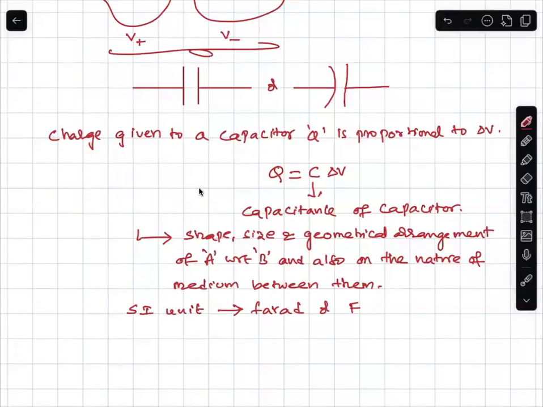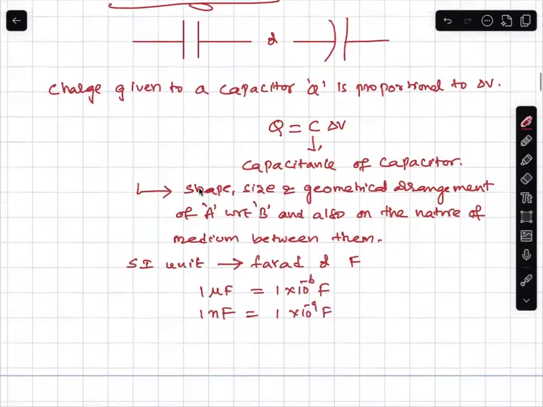We will use microfarad, nanofarad, picofarad. 1 microfarad, 1 μF, is 1 into 10 power minus 6 farad. 1 nanofarad is 1 into 10 power minus 9 farad. 1 picofarad is 1 into 10 power minus 12 farad.